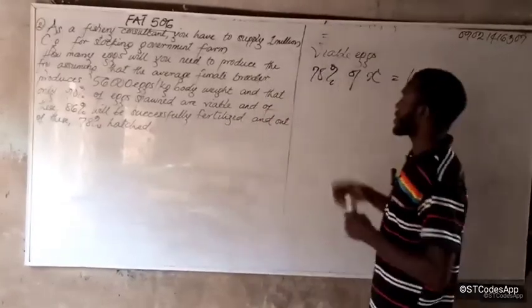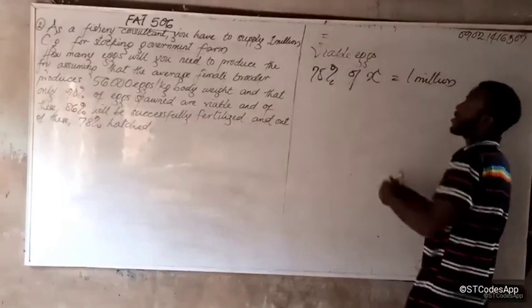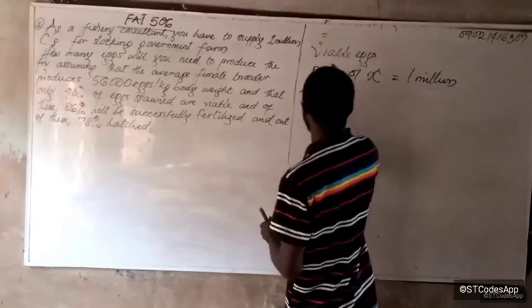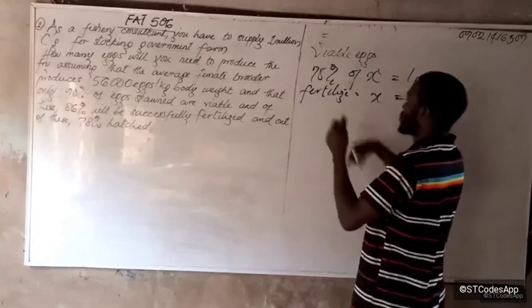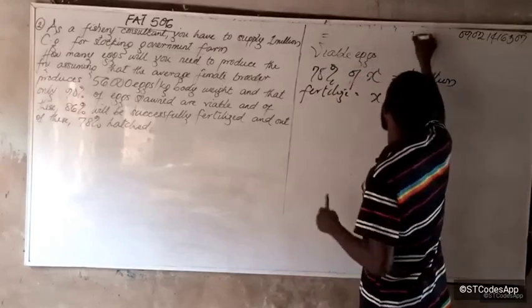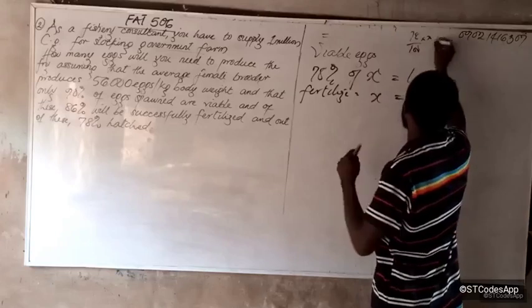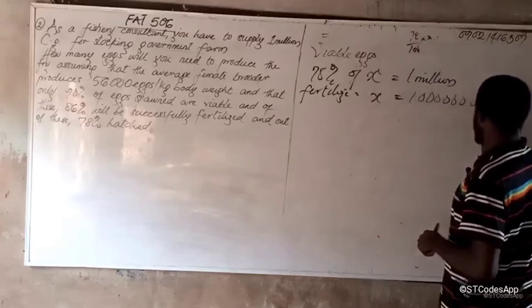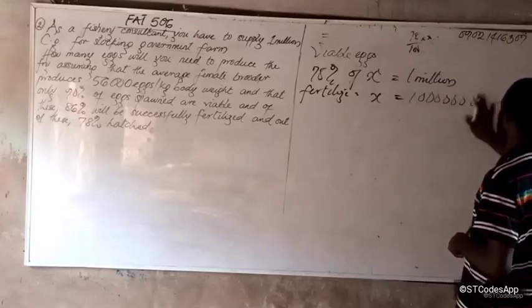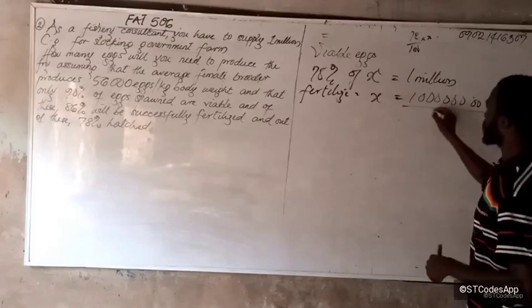So we are checking for the number of eggs that were fertilized now. So that will become what? X will be equal to, by the time you do the maths, as what I did the other time, 78 over 100 times X is equal to 1 million. So you cross multiply, you're going to have 100 million over 78.